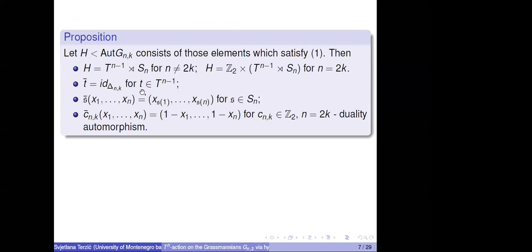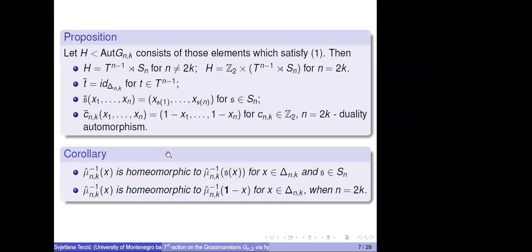The corresponding combinatorial isomorphisms of the hypersimplex Δ_{n,k} are, for T^{n-1}, obviously the identity, while for an element from S_n it is just a permutation of the coordinates in Δ_{n,k}, and for the duality isomorphism it is given by a central symmetry with respect to the point where all coordinates are 1/2.